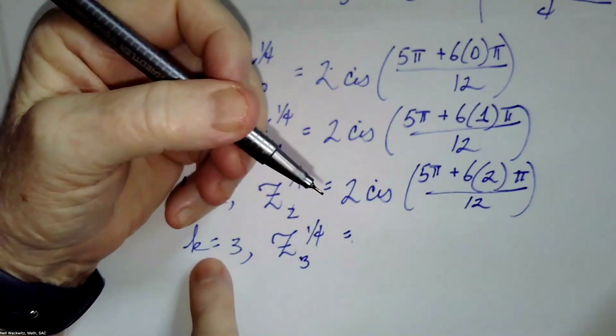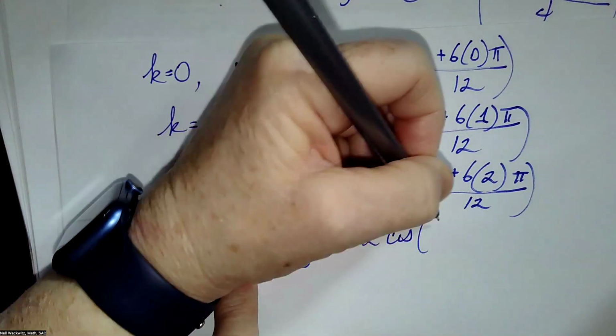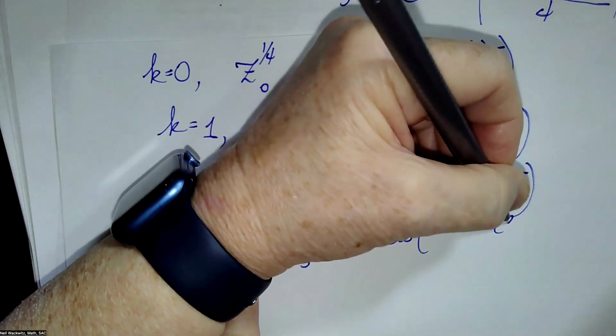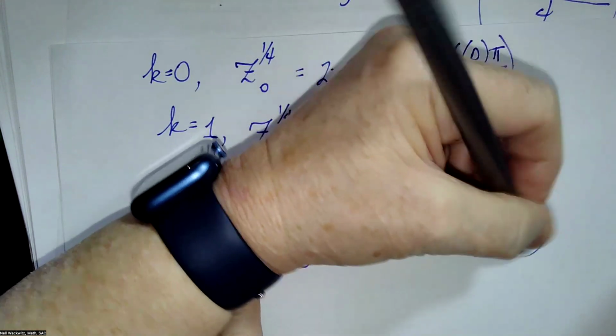And finally, k equals 3: 2 cis 5 pi plus 6 times 3 pi over 12.